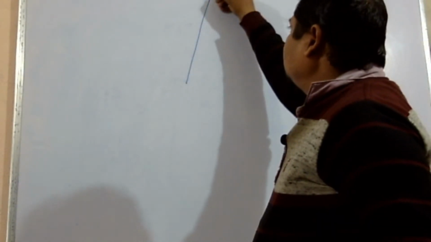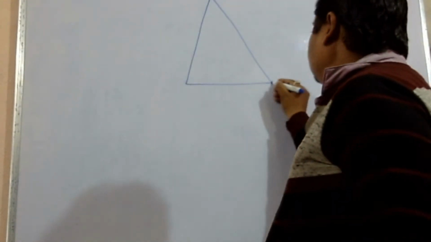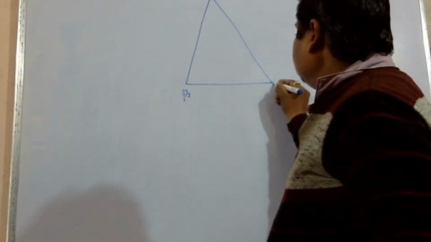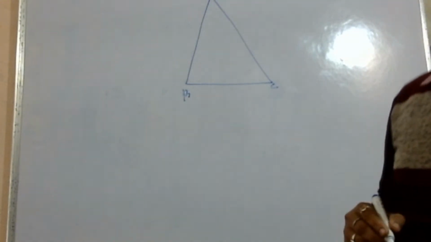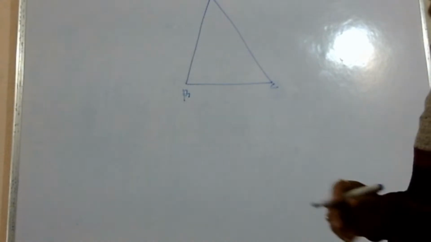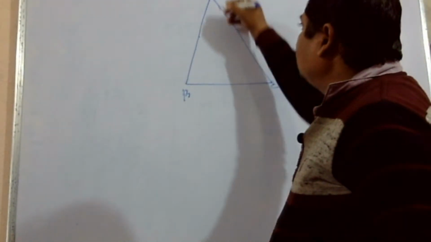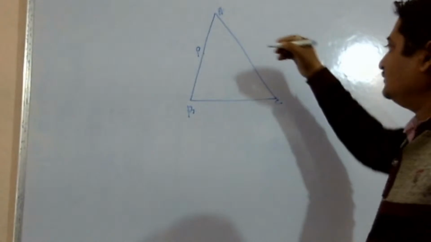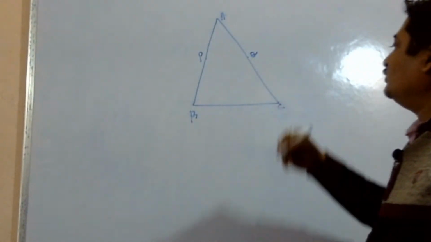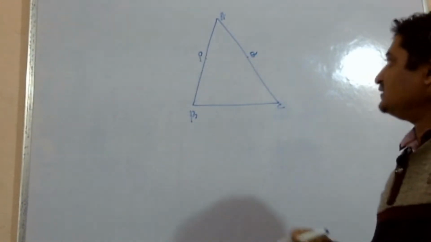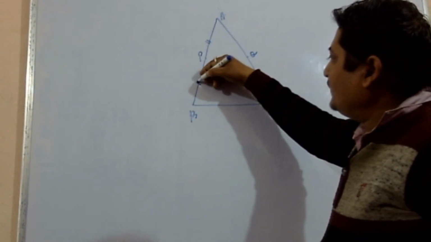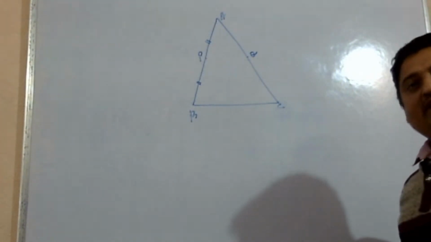Now here you see ABC is a triangle, and you are taking two points, P which is the midpoint of AB, and Q which is the midpoint of AC.